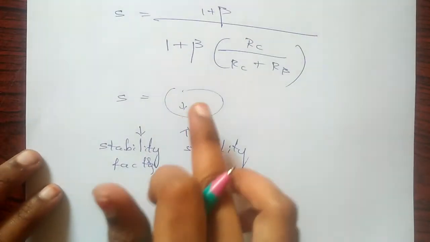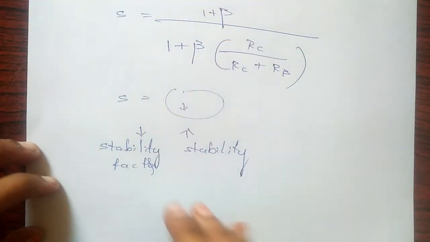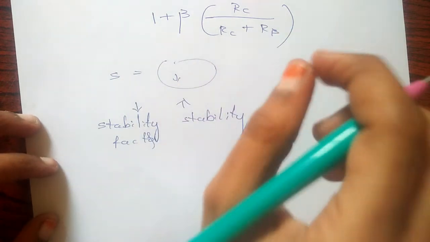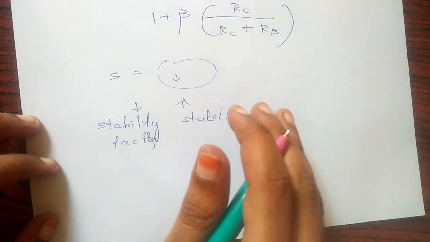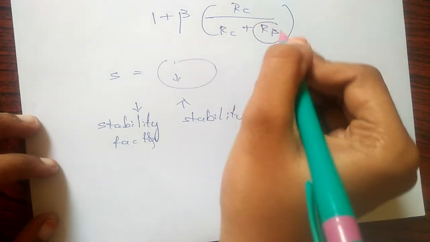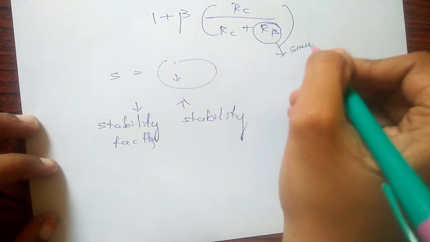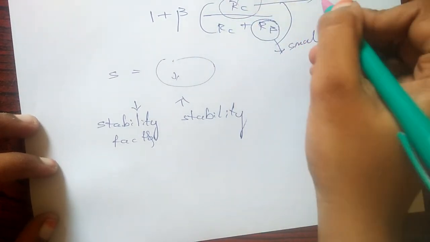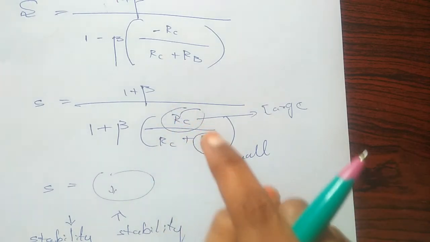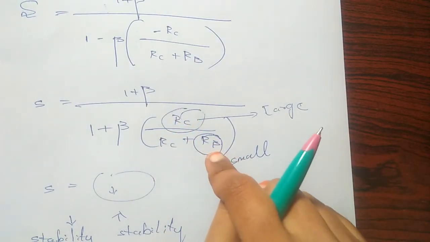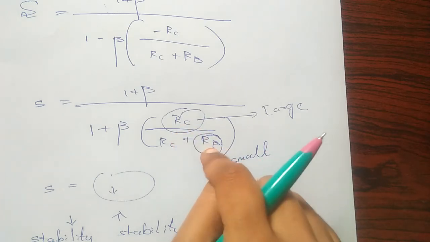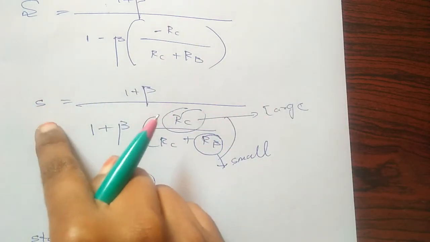Now how are we going to make this stability factor low? The stability factor can be made small and stability can be improved by making RB small and RC large. Why so? Because RB is in the numerator of s, it is not in the denominator.